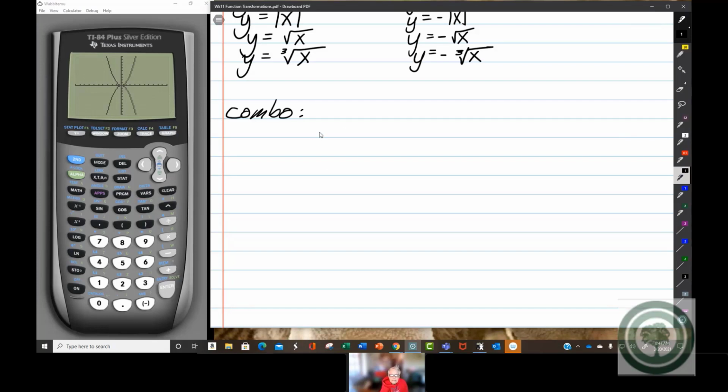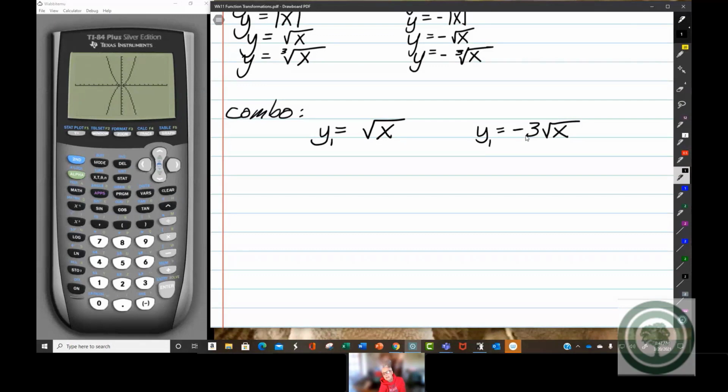Suppose your basic function is y equals the square root of x. And then we can let that be y1, and suppose then I make y2 equals negative 3 times the square root of x.